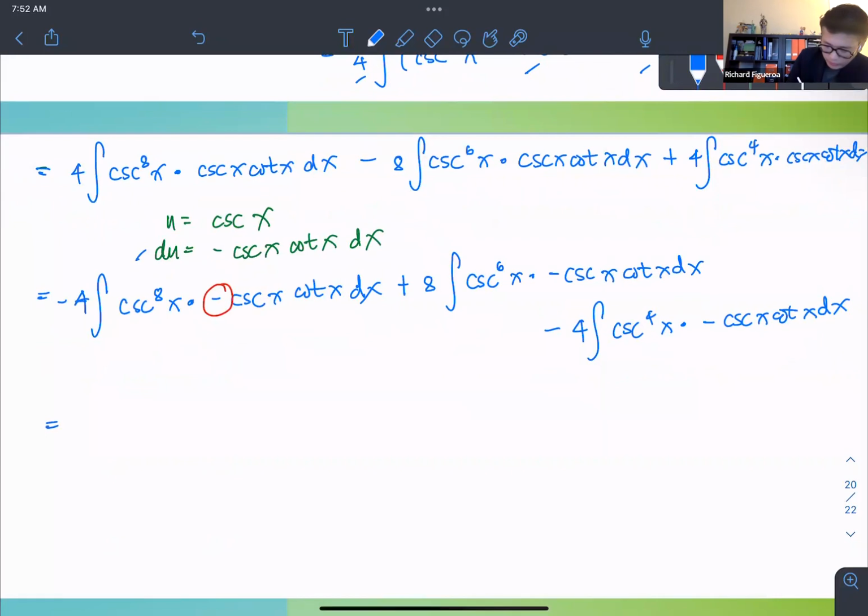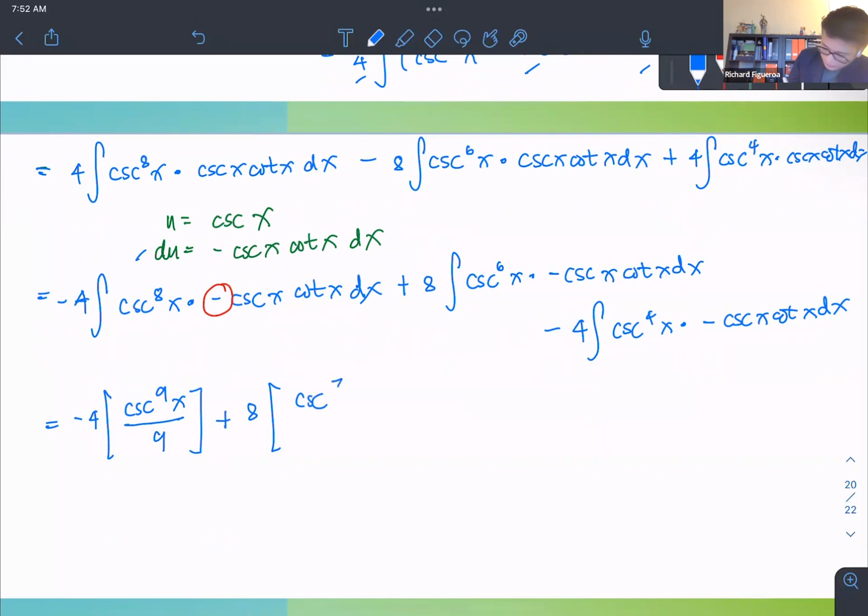So the answer for this one would be negative 4 cosecant to the 9th x all over 9 and plus 8, then cosecant 6 plus 1 is 7 x all over 7 and minus 4 integral of cosecant to the 5th x all over 5 plus c.